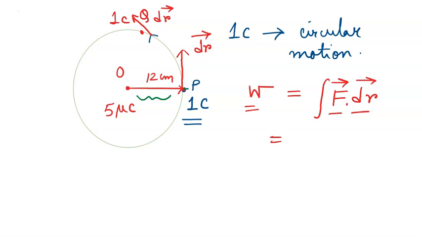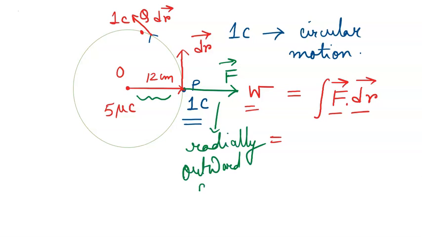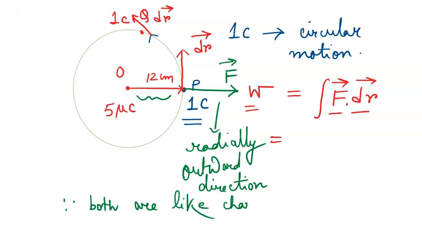The force will be directed radially outward, because there is a force of repulsion. The reason is both are like charges.